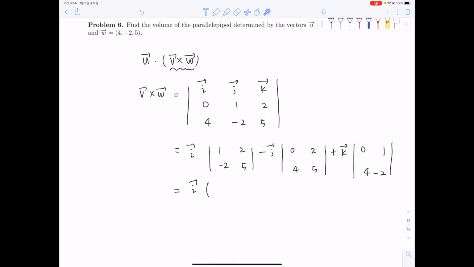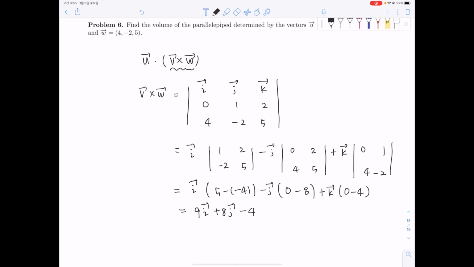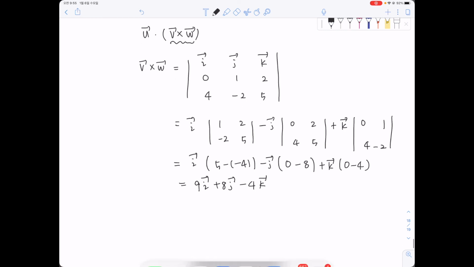If we find the determinants, then it is 5 minus -4, and minus 3 times 0 minus 8, plus k times 0 minus 4. So it is 9i plus 8j and minus 4k. So it is just 9, 8, -4.